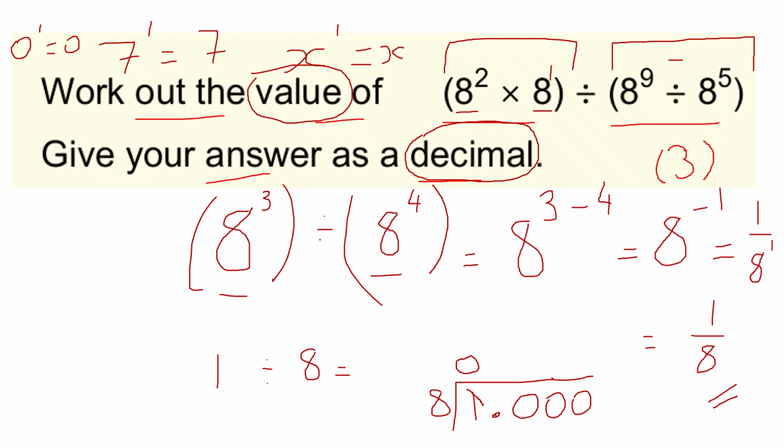Cross that 1 off, carry it forward into the decimal point, put my decimal place there. 8 into 10 goes once, with a remainder of 2. 8 into 20 goes 8, 16, 24, that's too big, so it goes in twice, with a remainder of 4, and 8 into 40 goes 5 times. So 1 divided by 8, 1/8, as a decimal is 0.125.